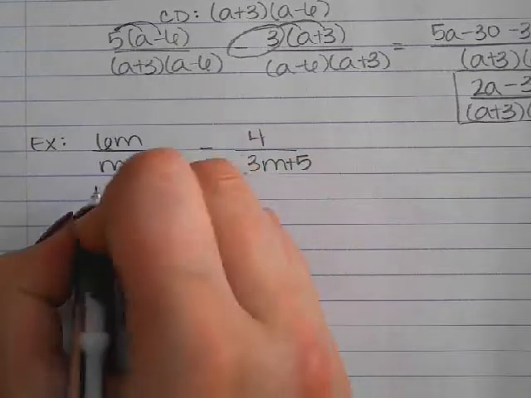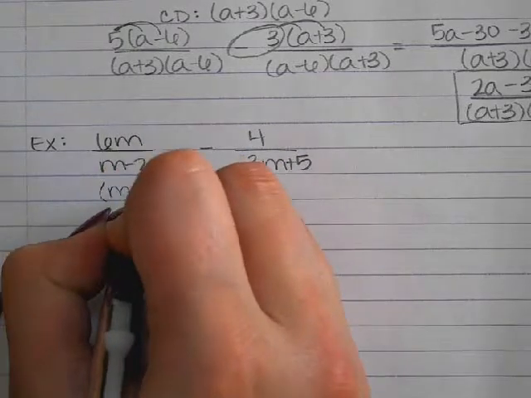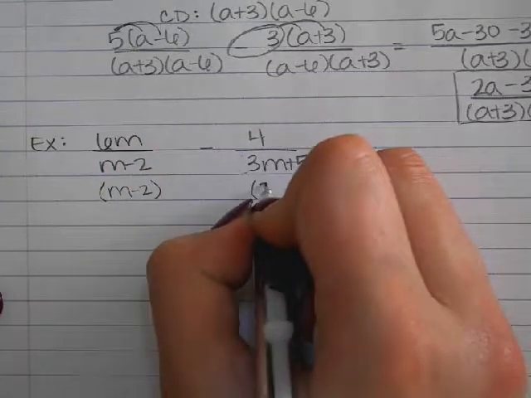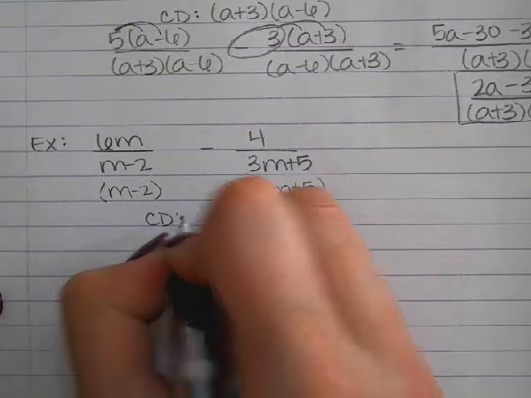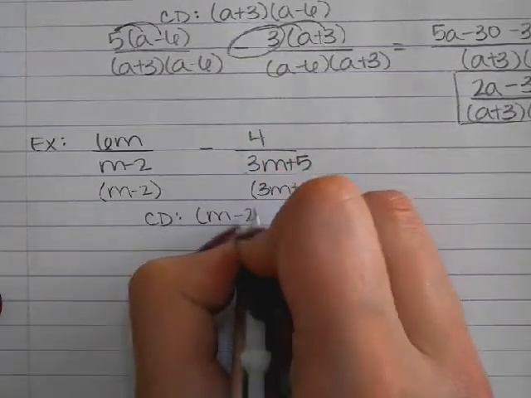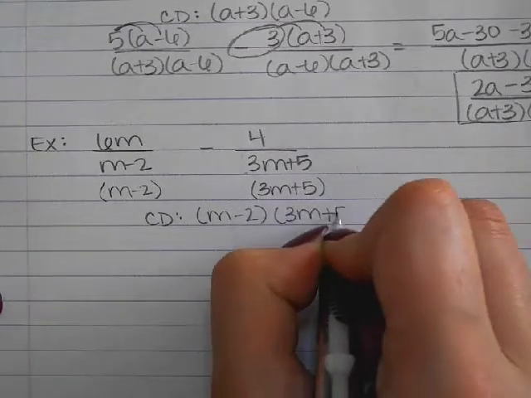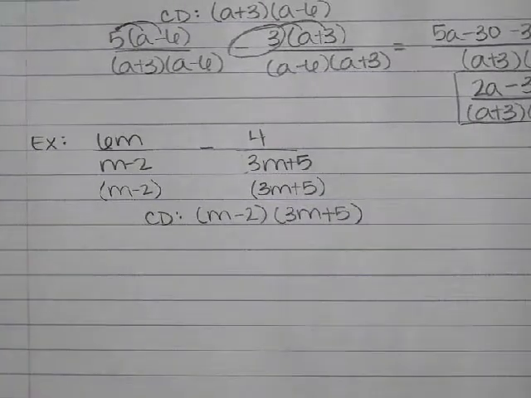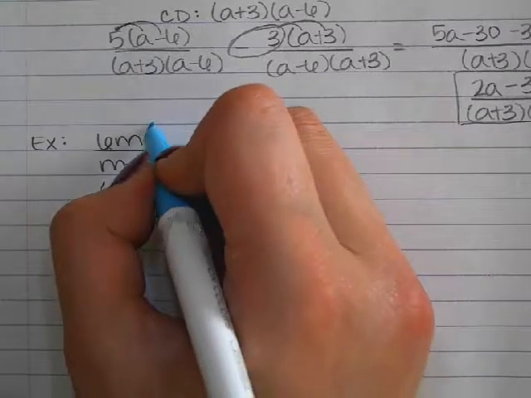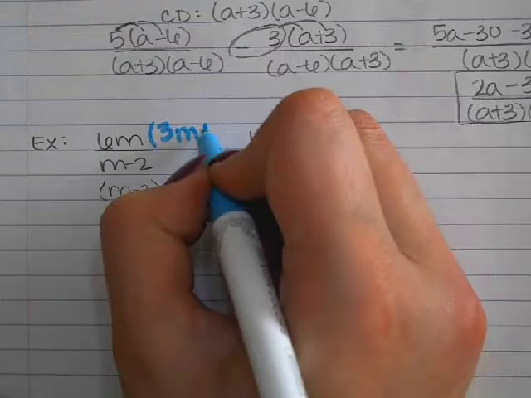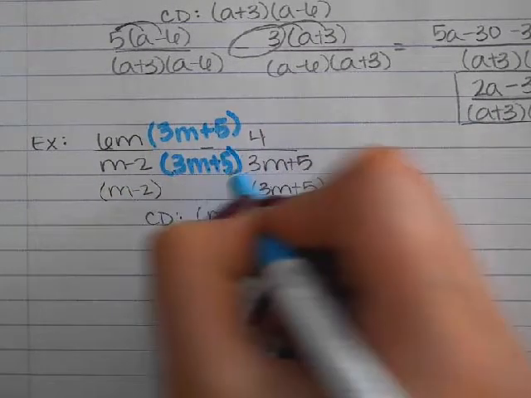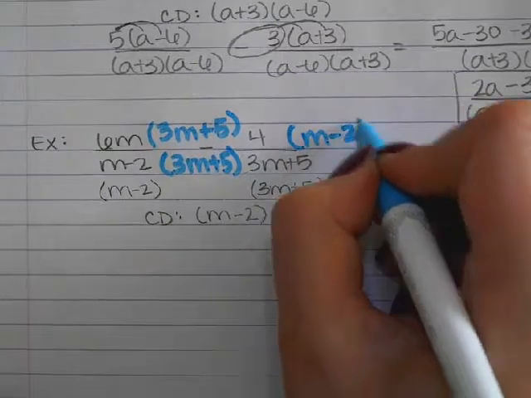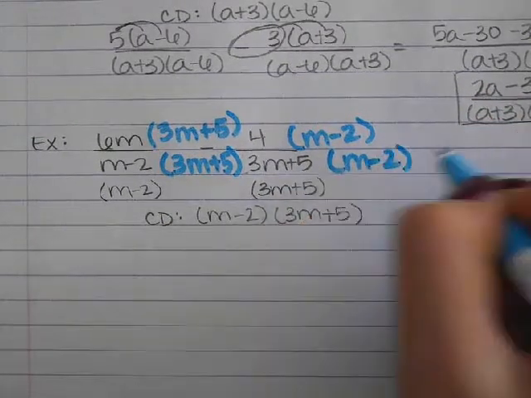The m minus 2 is just a factor on its own, and the 3m plus 5 is a factor on its own. And so the common denominator is going to need the m minus 2 and the 3m plus 5. So the first fraction needs the 3m plus 5 on the top and the bottom. And the second fraction needs the m minus 2 on the top and the bottom.